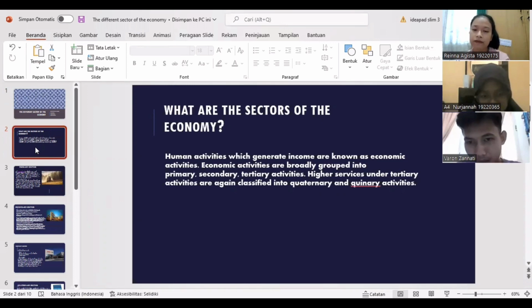Higher services under tertiary activities are again classified into quaternary and quinary activities.